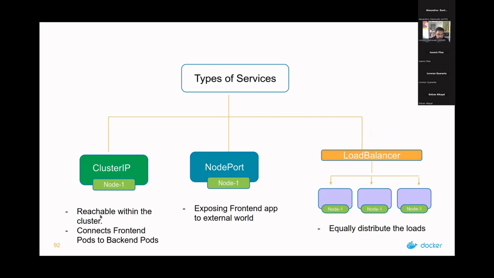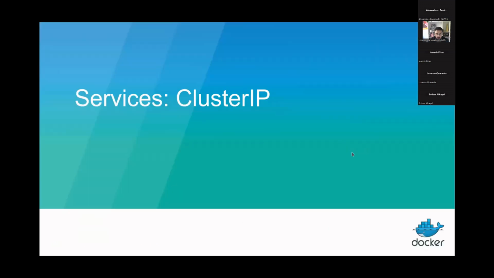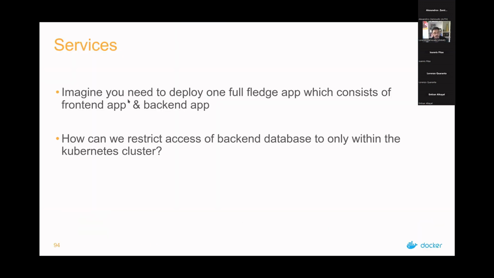This one, the cluster IP, is reachable within the cluster and connects the front-end pods to the backend pods. Then we could expose the front-end app to the external world, and then we could have services, for instance, load balancing, for regularly distributing the load between the available workers.